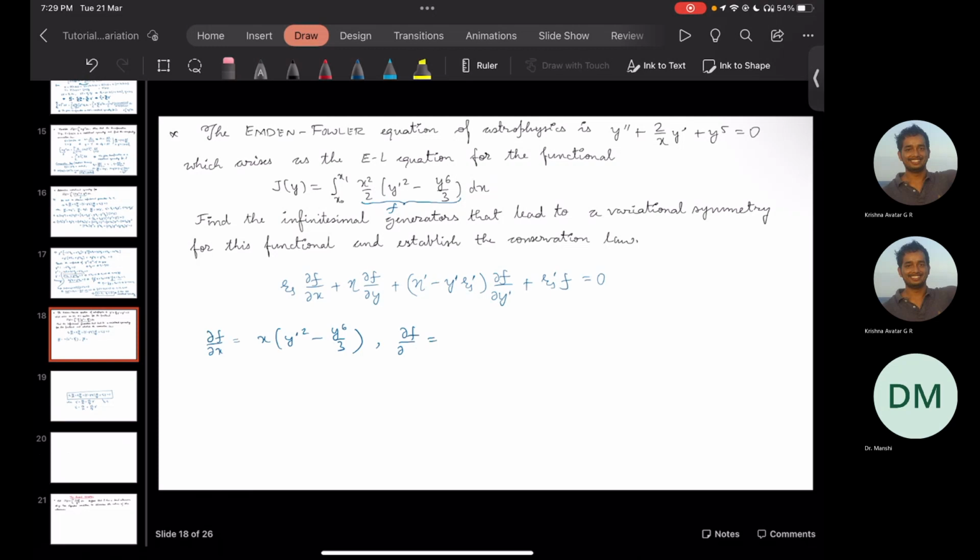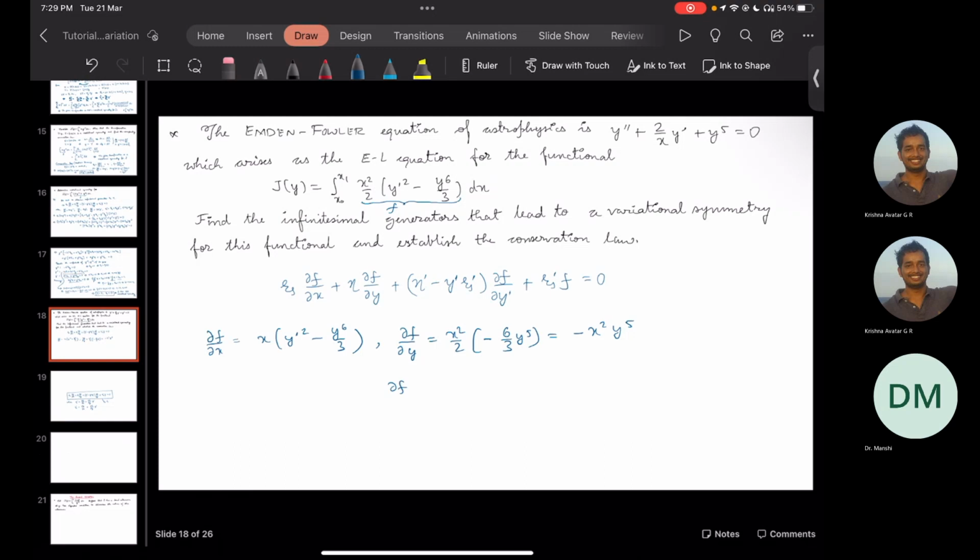Partial f by partial y is x squared by 2 into minus 6 by 3 y to the power 5, and this evaluates to minus x squared y to the power 5.